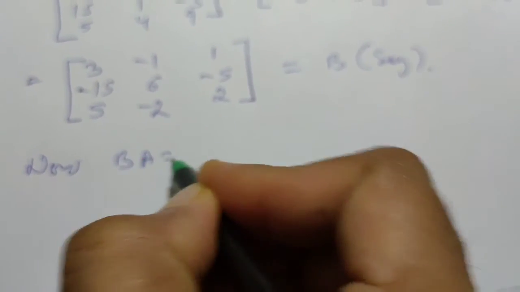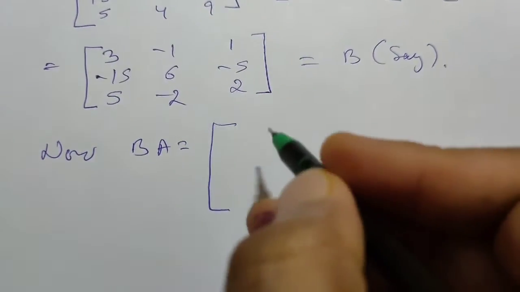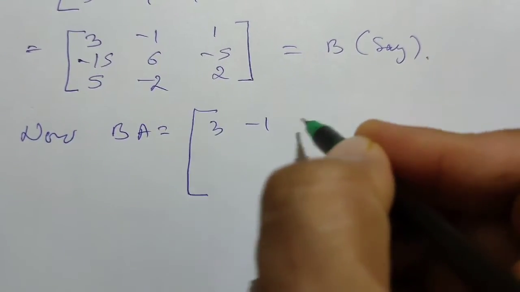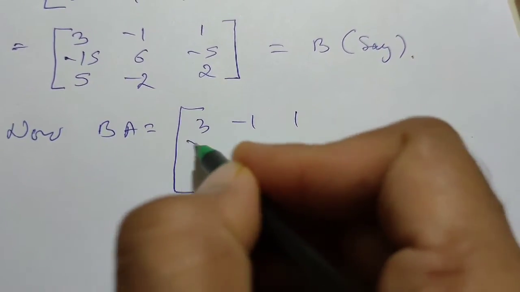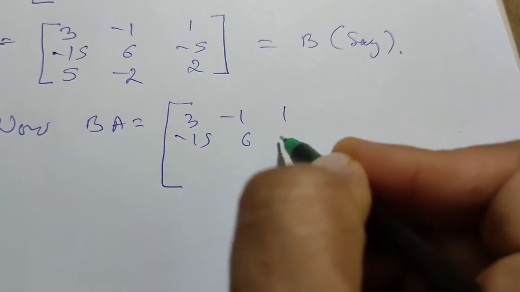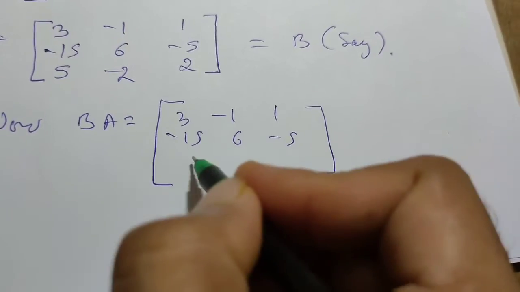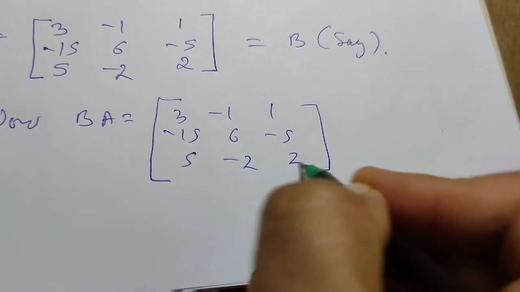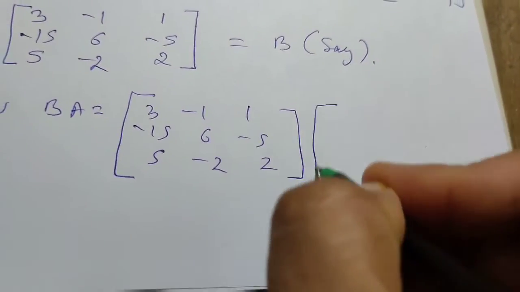BA equal to, so B is already here: 3, minus 1, 1, minus 15, 6, minus 5, 5, minus 2, 2, and A. What is our A?